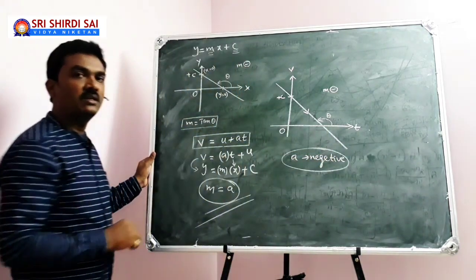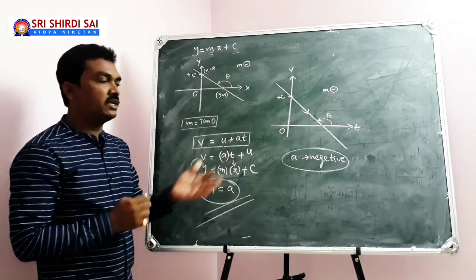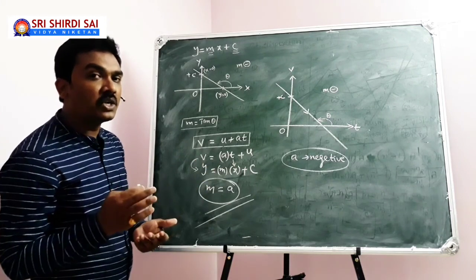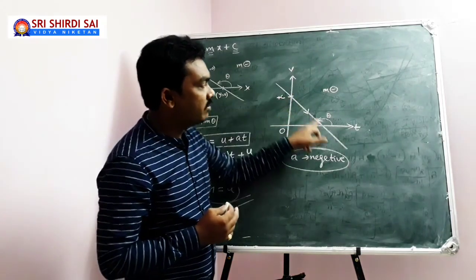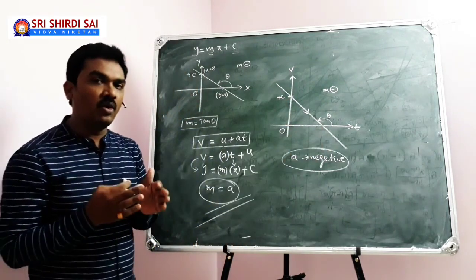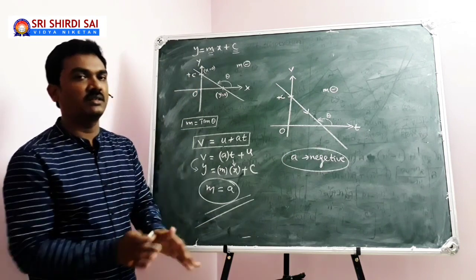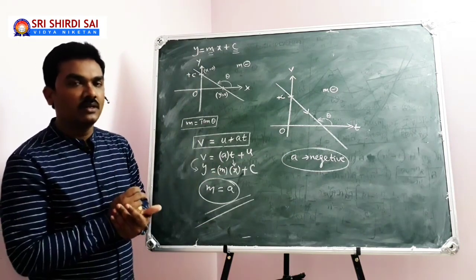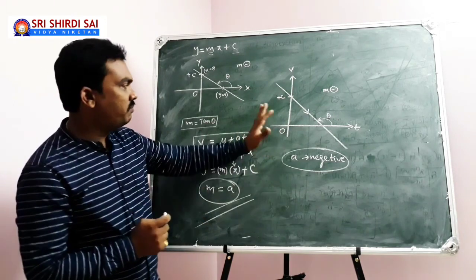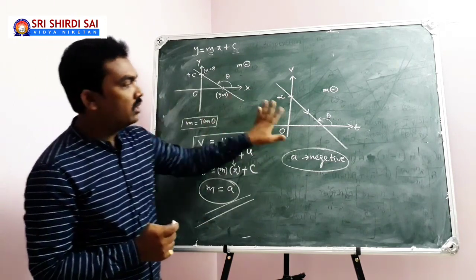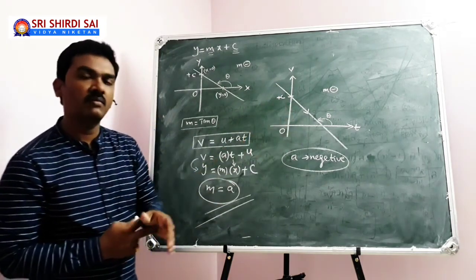Whenever the acceleration of your body is negative, your body is said to be moving with deceleration. This is the velocity-time graph for a body moving with constant deceleration. That's what you need to understand. This is how we connect this with physics. So usually you keep everything else aside and only look at the velocity-time graph.